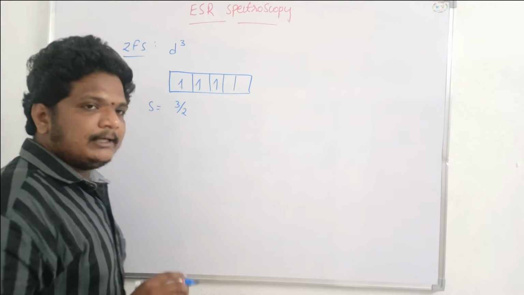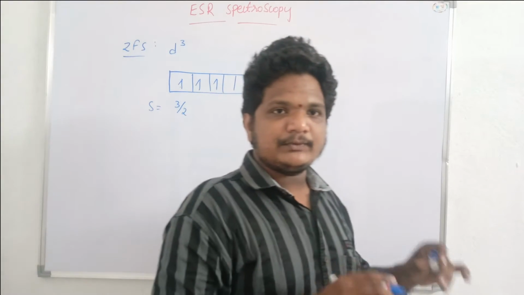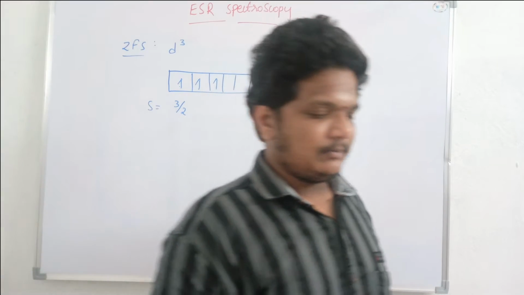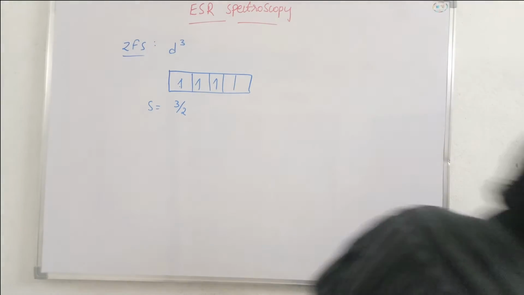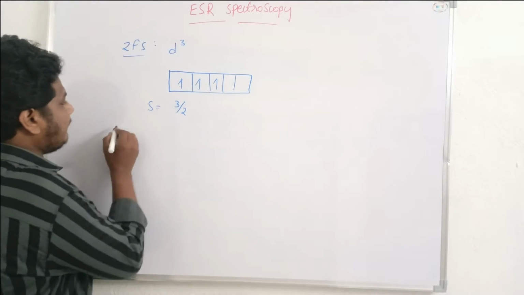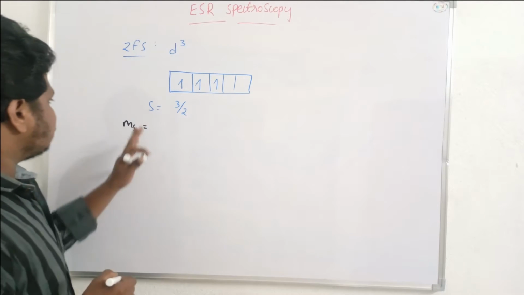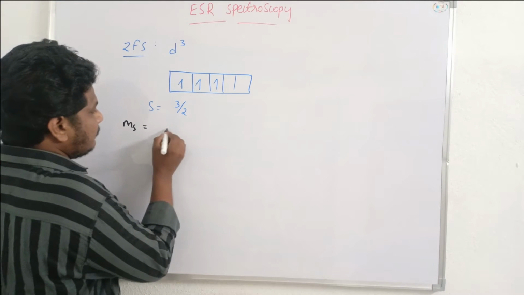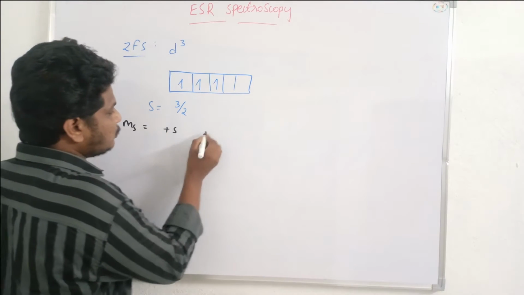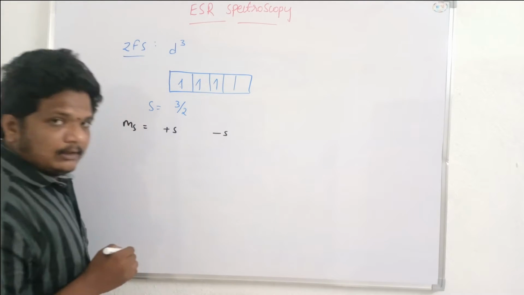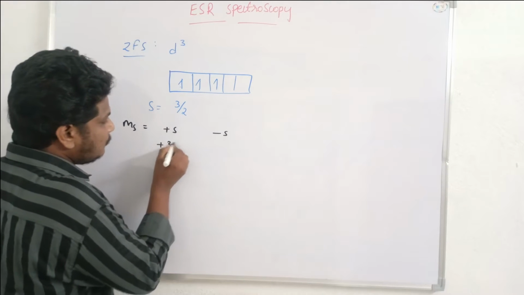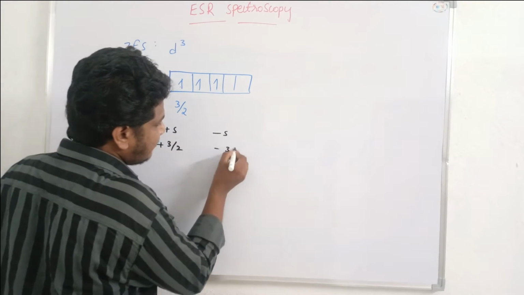Now, how many energy states can we observe in the case of the d3 system? This d3 system will have ms values ranging from plus S to minus S, so plus 3/2 to minus 3/2.